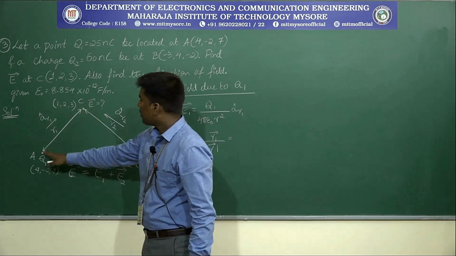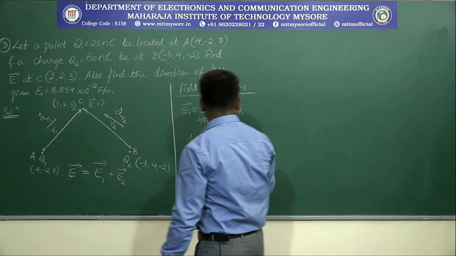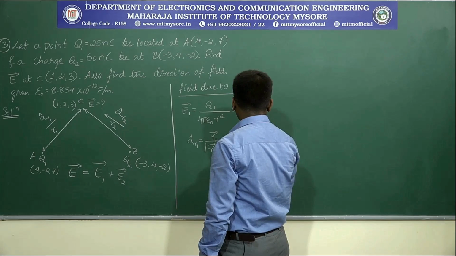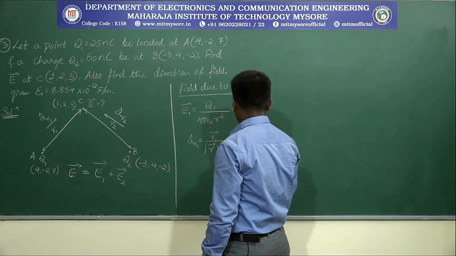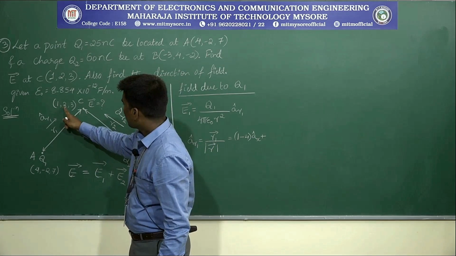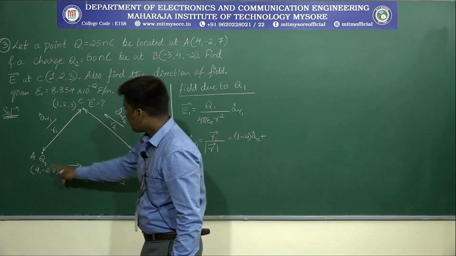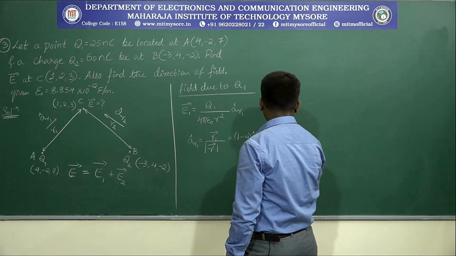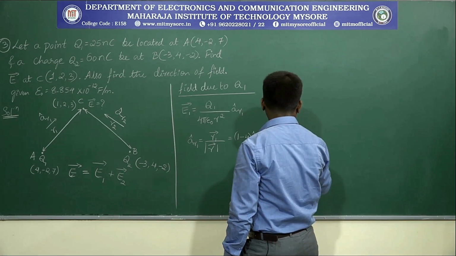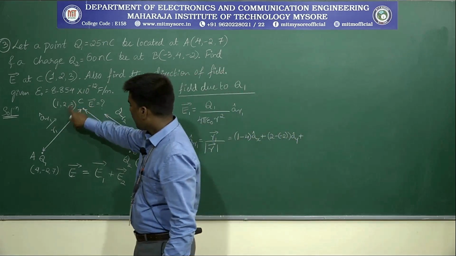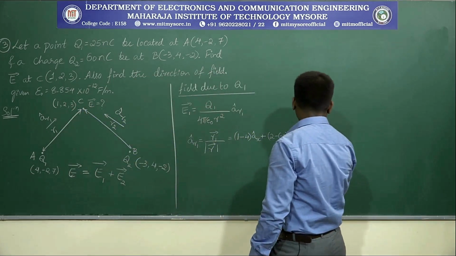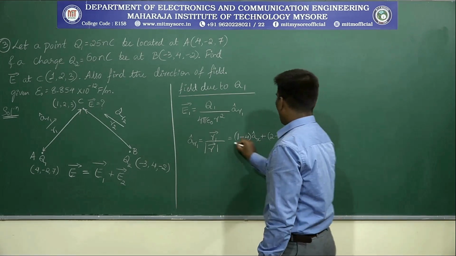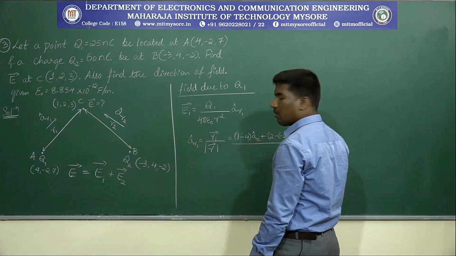See, tip minus tail, 1 minus 4, 1 minus 4 A cap x plus, next this one, 2 minus of minus 2, 2 minus of minus 2 A cap y plus 3 minus 7, 3 minus 7 A cap z, whole divided by the magnitude of all this.